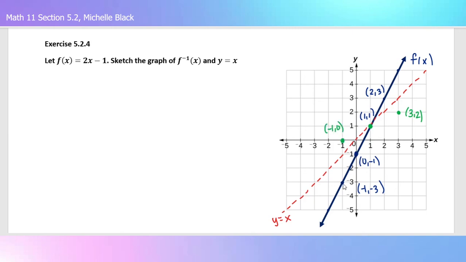I also have the point negative 1, negative 3. So if I switch x and y, I'm going to have the point negative 3, negative 1. And I get back this line. And this should be the graph of f inverse. And notice that does look like a reflection about this red dotted line that I drew.